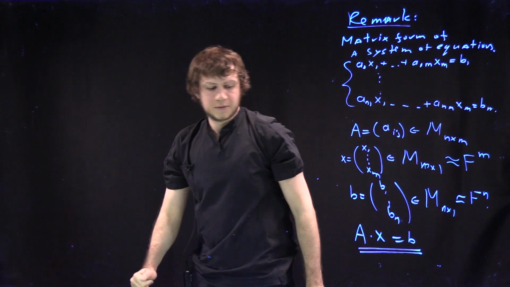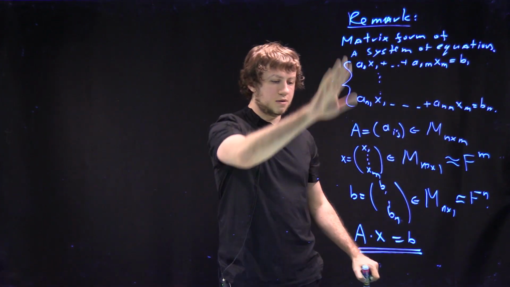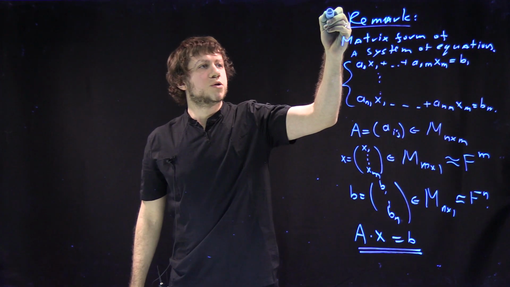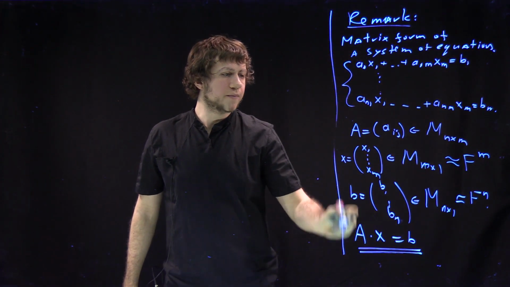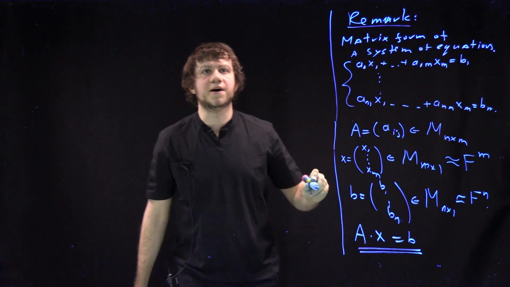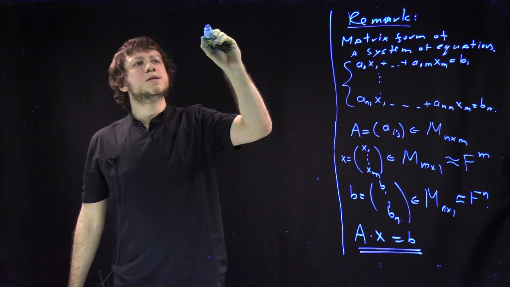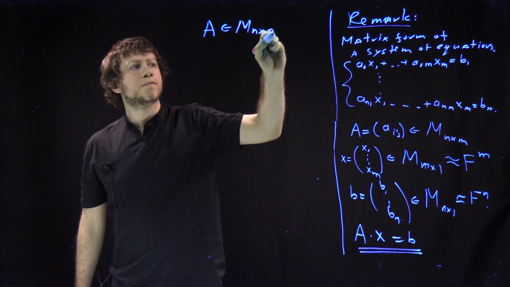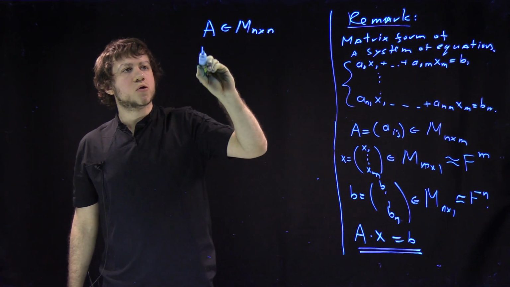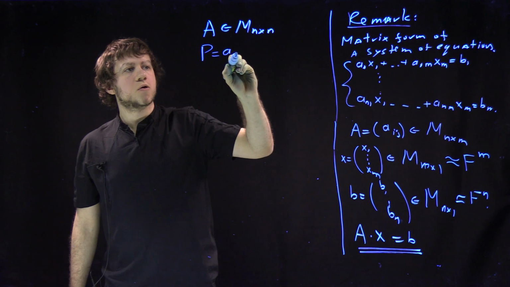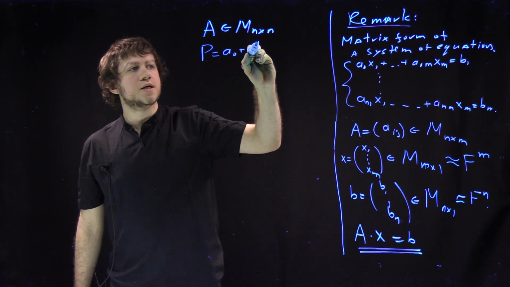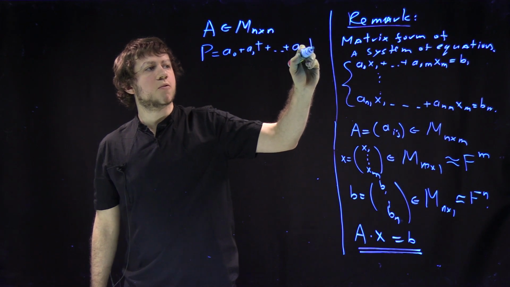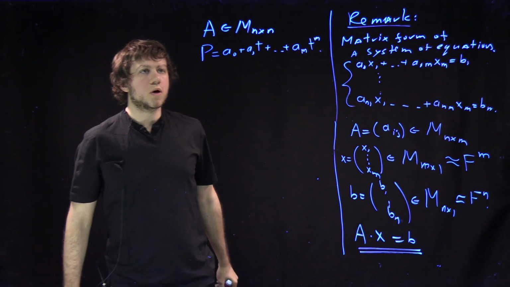Good. Okay, so Ax equals b. Finally, I want to finish with a beautiful theorem and a fun idea. Let's suppose that A is an n by n matrix, and let's take a polynomial p(t) = a0 + a1 t + and so on + am t^m.